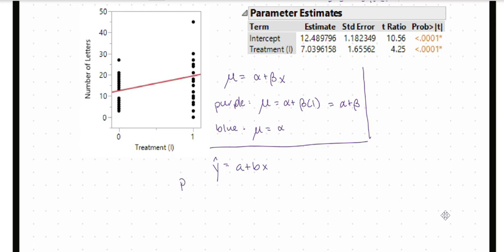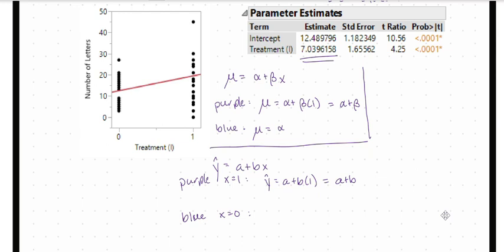For the purple list, x equals 1, and for the blue list, x equals 0. So we can plug in much the same way we did before. For the purple list, y hat is a plus b times 1, so that's just going to be a plus b. Now we have our parameter estimates, so we can actually plug in those real values.